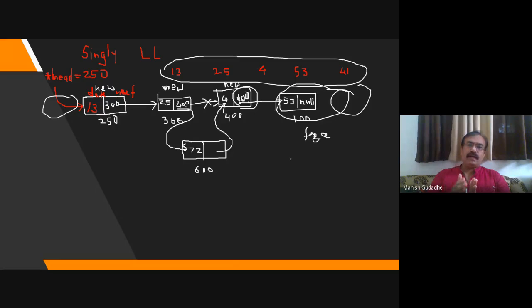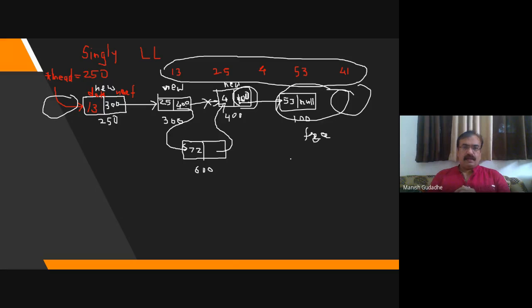Then one by one we'll have to create a node for every element. So the node for 13 will be created, which will be the first node. Then the second node will be created, whose address will be given to the first node. Then the third node will be created, whose address will be given to the second node, and so on. So this way we are going to construct a linked list.